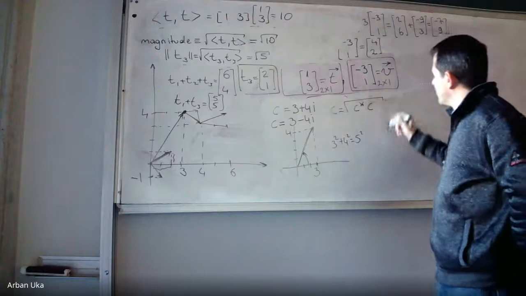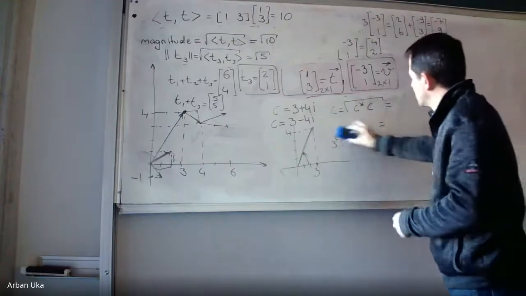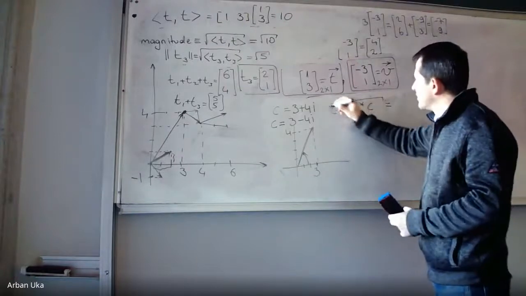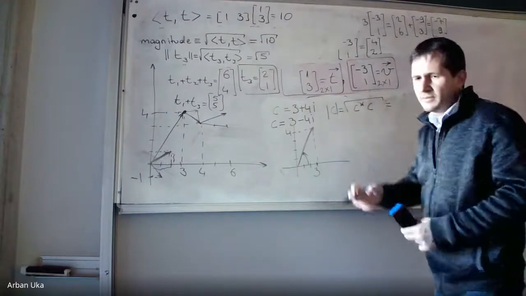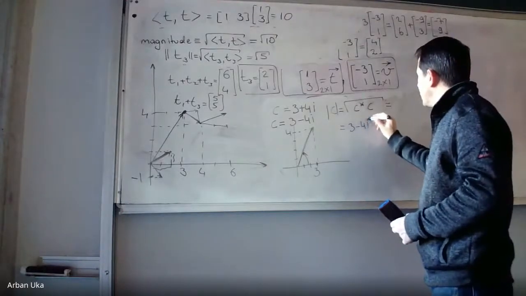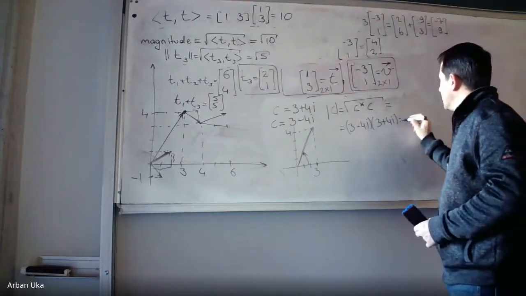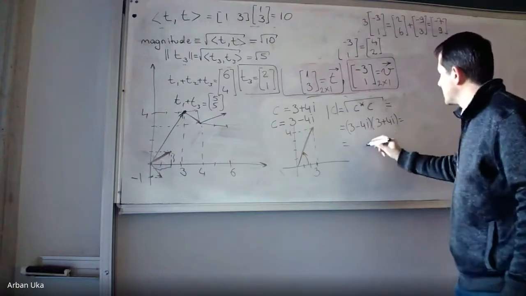So when we do this multiplication, we write the following. The magnitude is the square root of 3 minus 4i times 3 plus 4i. This would be 3 times 3, 9, and from the difference of squares we get 9 plus 16.